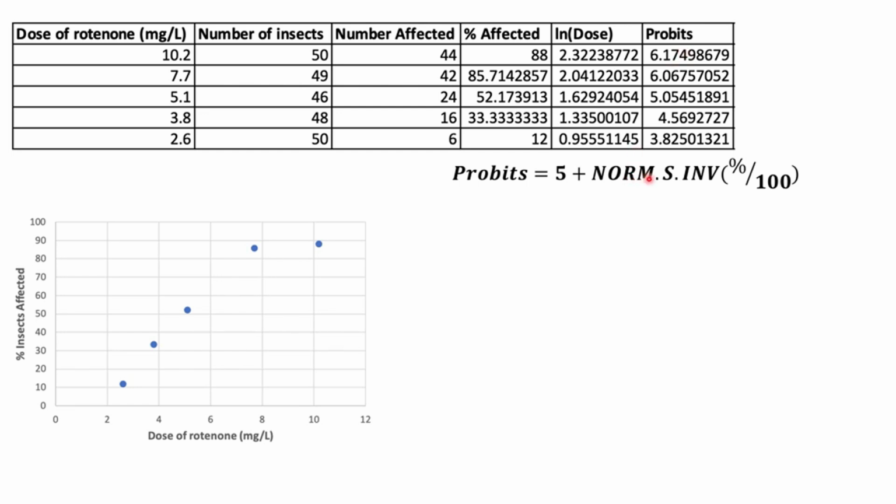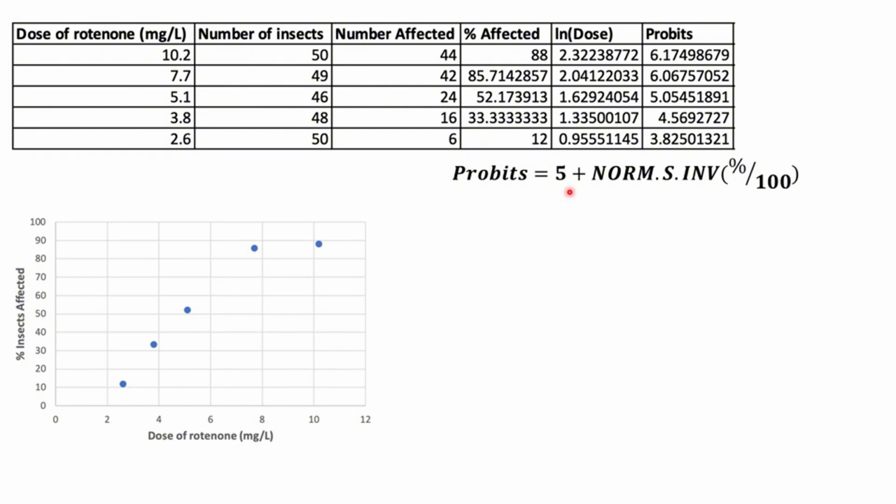If we use the NORM.S.INV function and take our percentage and divide it by 100, so we get out of percentage form, we can take this result of the NORM.S.INV function and add 5, and that will give us our value in probits versus percentage. To validate this, when we wrap up this example, I'll show you going back from probits to percentages so you can be comfortable that this is doing what it's supposed to be doing.